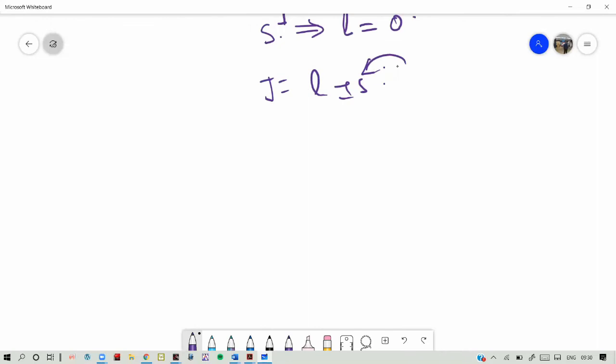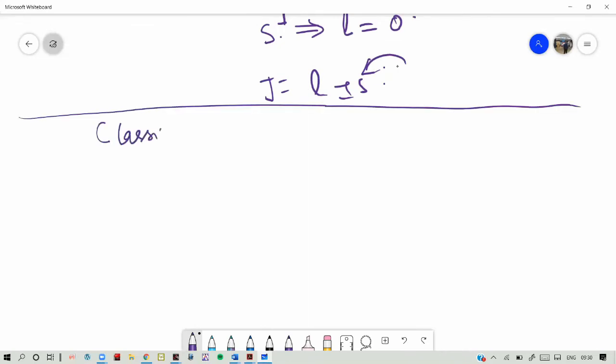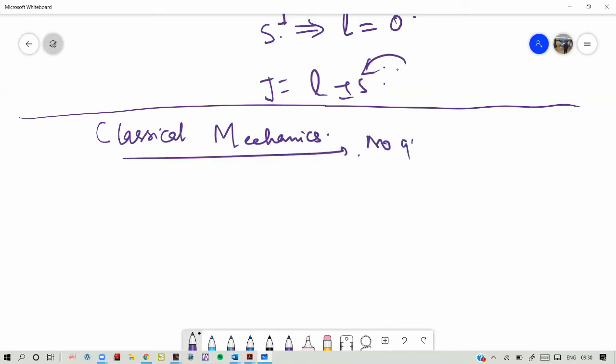So if we don't have any quantum mechanics, if you take classical mechanics, in classical mechanics there is no quantization. And when there is no quantization, the image you will find on the screen should be a continuous one according to classical mechanics.